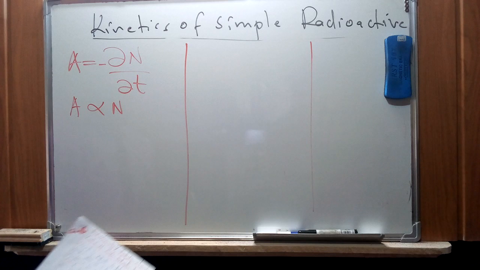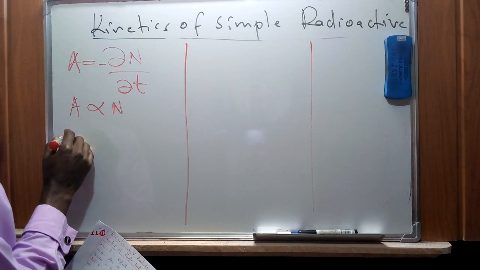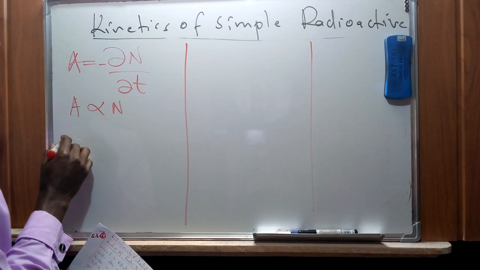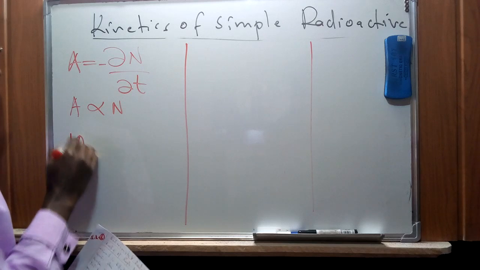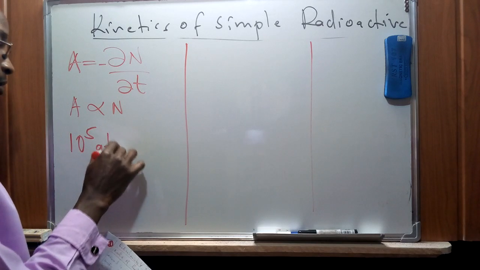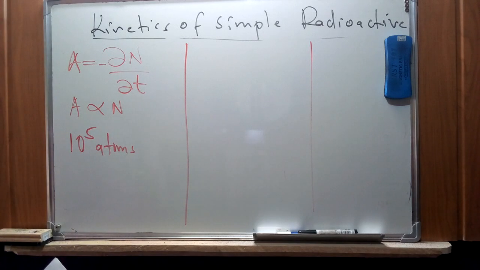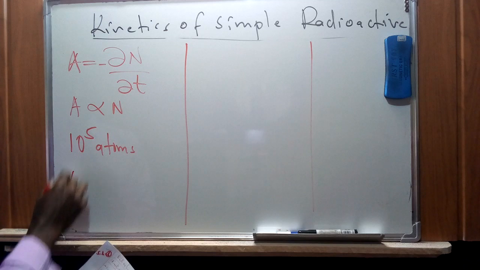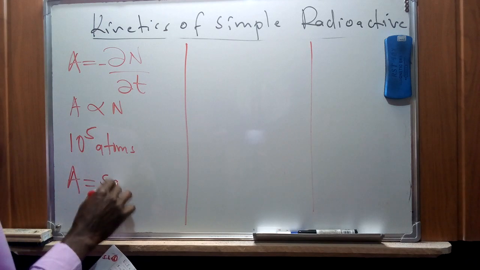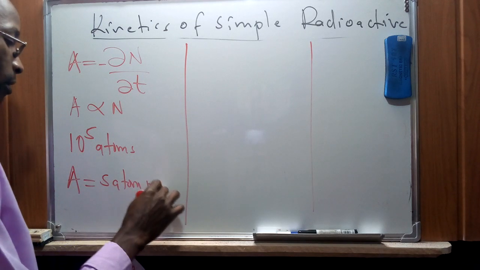For instance, if we talked about Avogadro's constant, suppose we have this number of atoms present at a specific time, and they show a decay rate of 5 atoms per second.